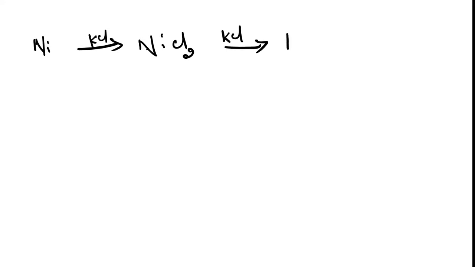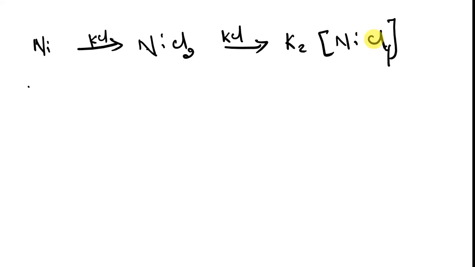Nickel, when treated with KCl, gives NiCl2. When treated with excess of KCl, it gives K2NiCl4, right?